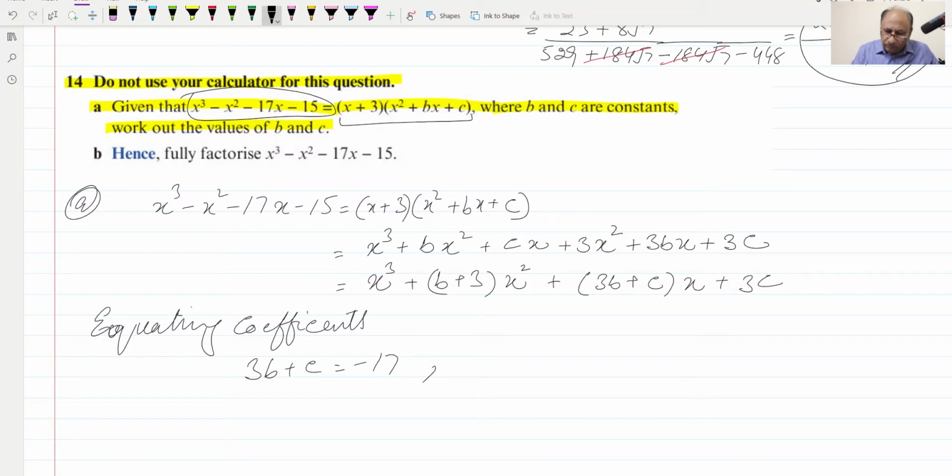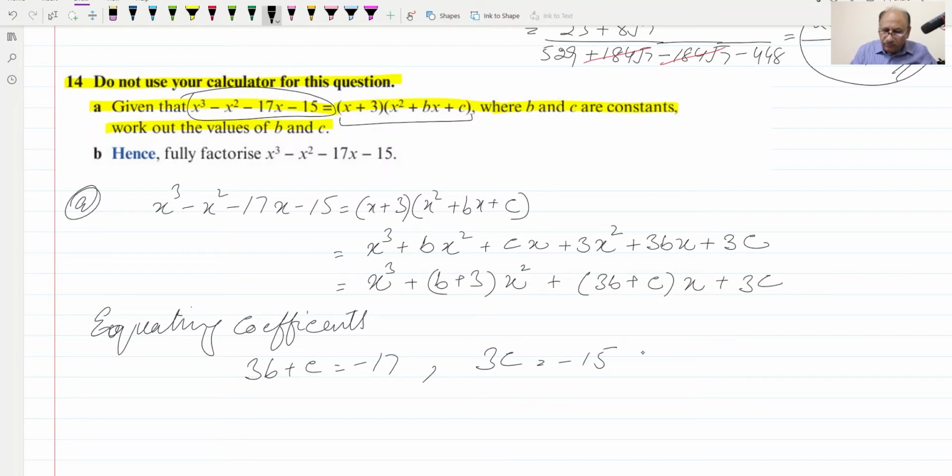And if we compare the constant value, basically this 3c and minus 15, so we can write 3c is equal to minus 15.